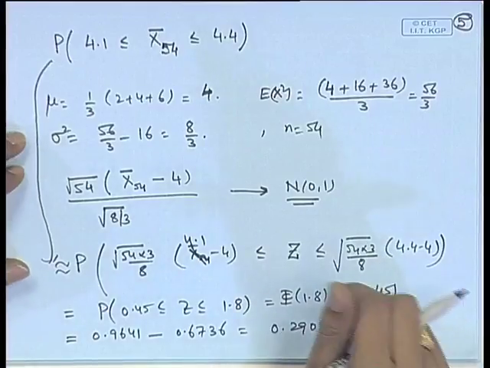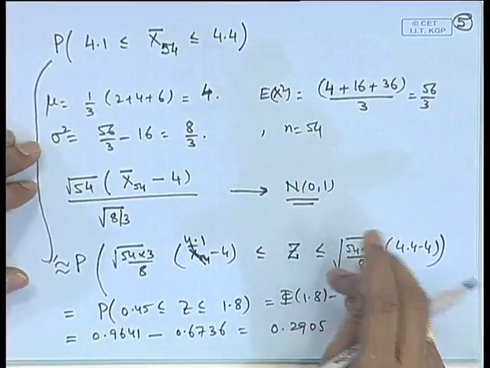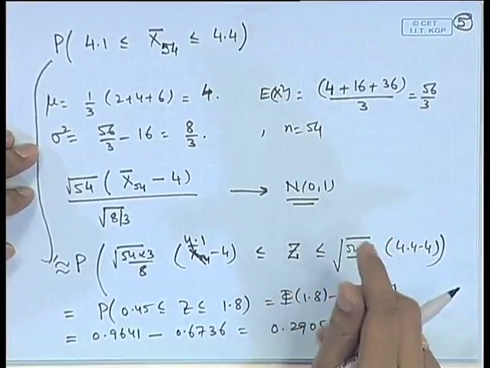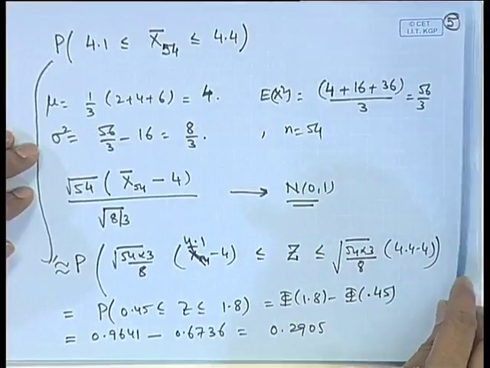If we take 3 of the independent continuous uniform distributions, the form is some sort of parabolic in nature. So, if we take 54 such observations and try to find out the actual distribution, that is very complicated, and here, using the central limit theorem, we easily get an approximate value for this, and 54 is in fact a large sample size, and therefore, this approximation will be quite good.